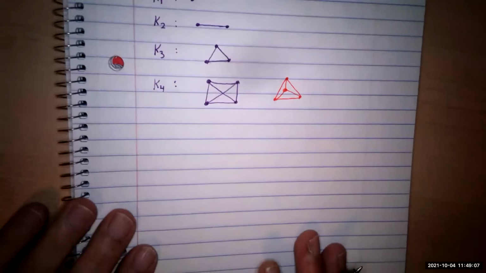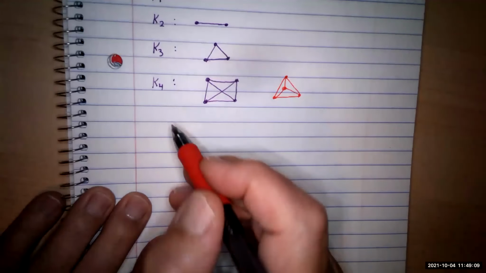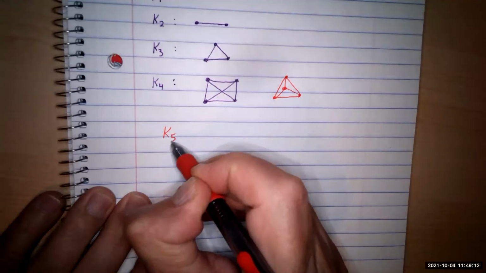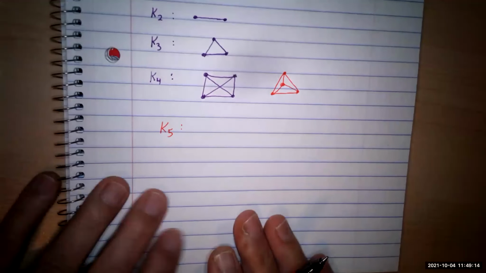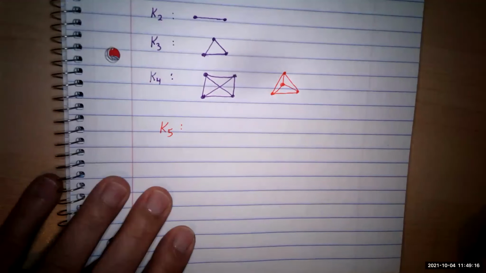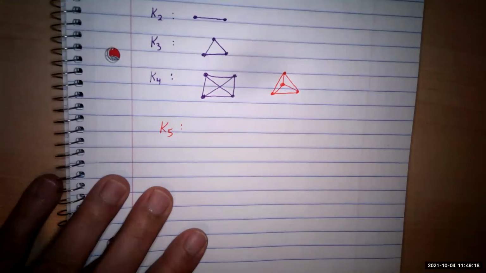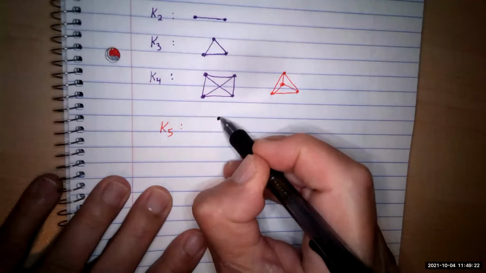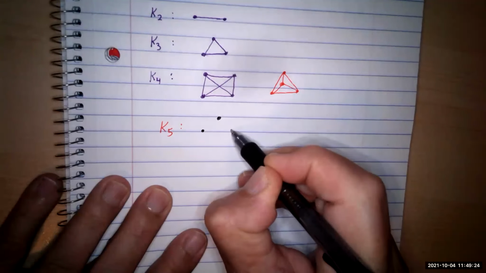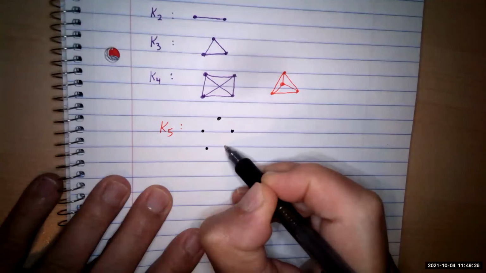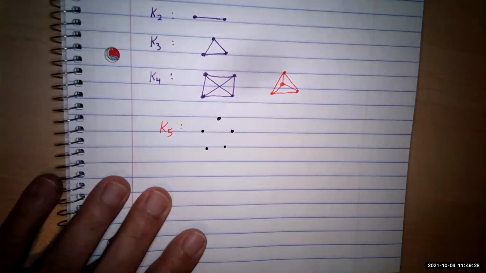And of course, the most popular one is K5. K5, you have 5 vertices and each vertex must be connected to the rest. So this is it, 1, 2, 3, 4, and 5. Connect each vertex to the rest.